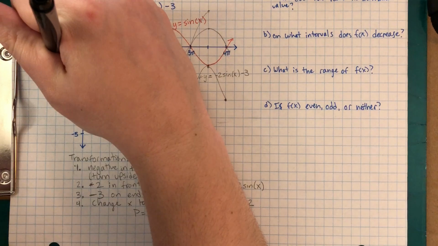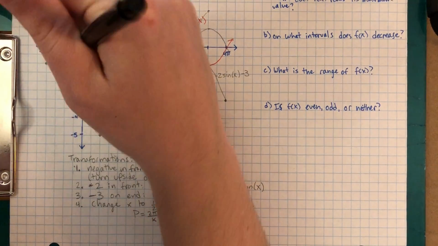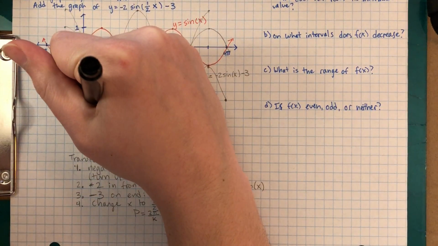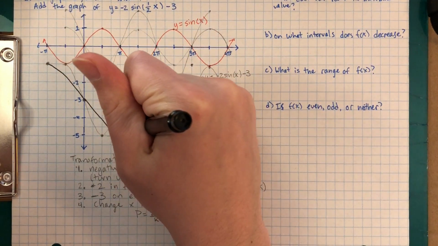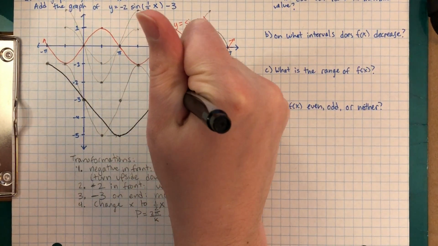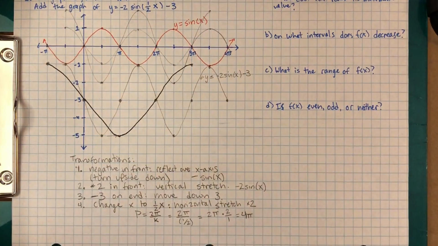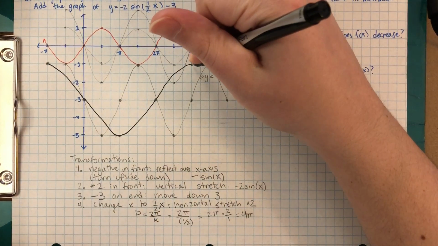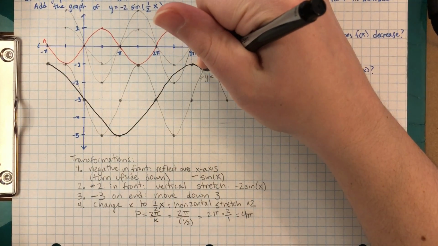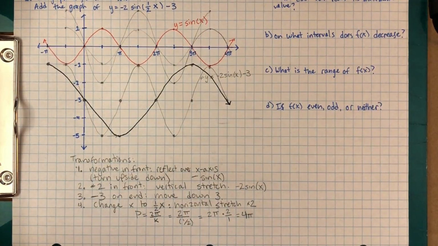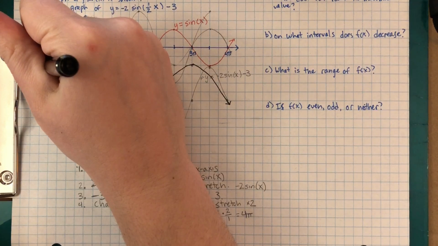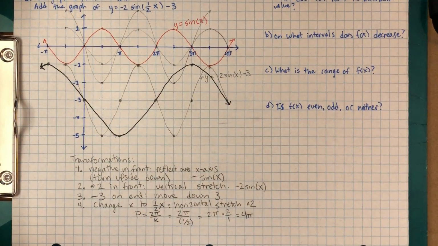So basically this wave has gotten twice as wide as it did before because of the 1/2 x.